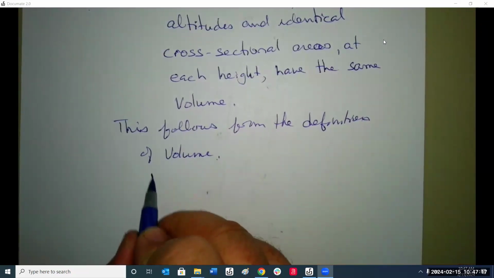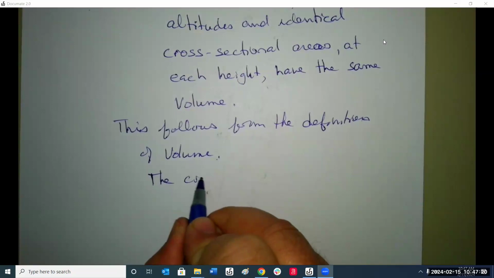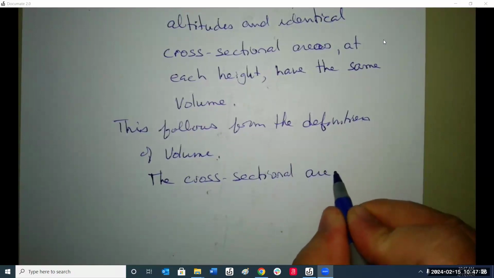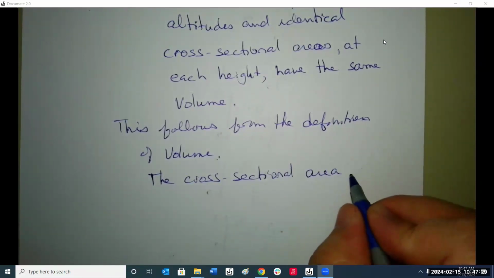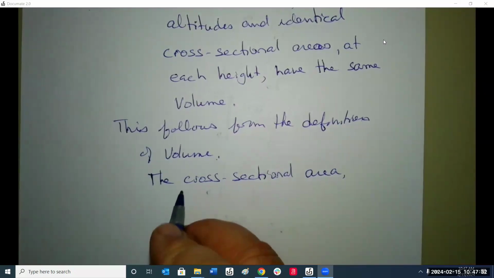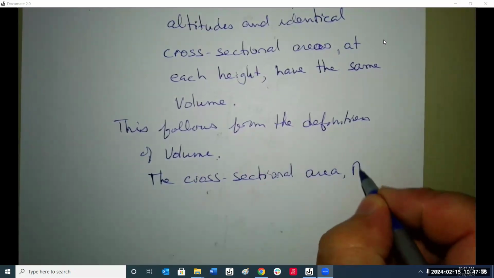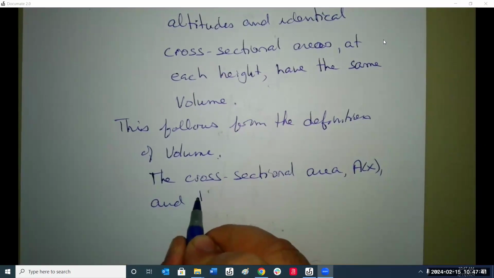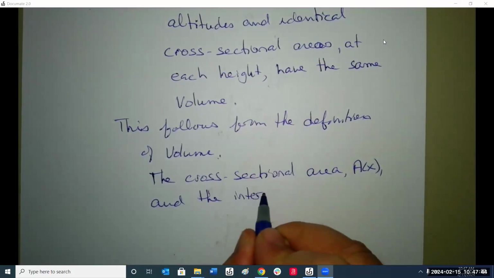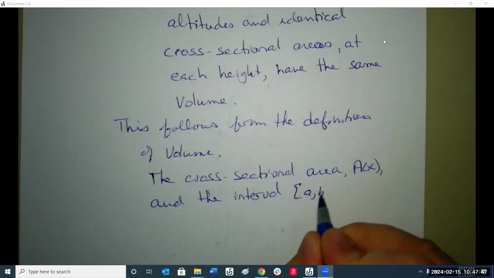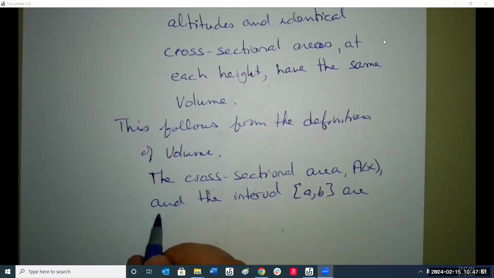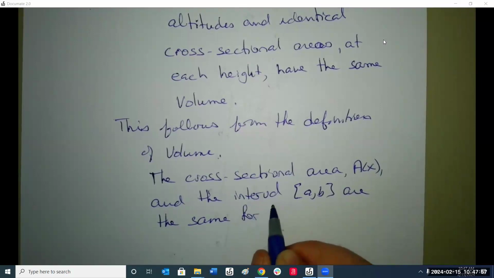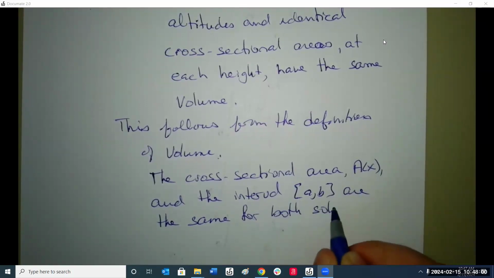By definition, the cross-sectional area A of x and the interval AB are the same for both solids.